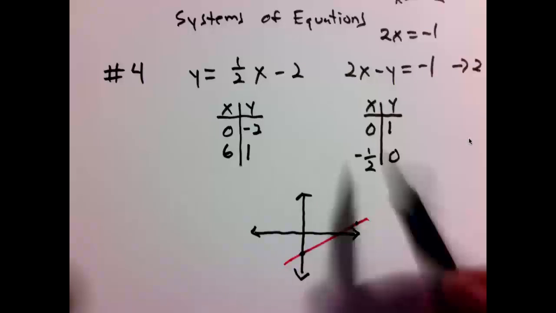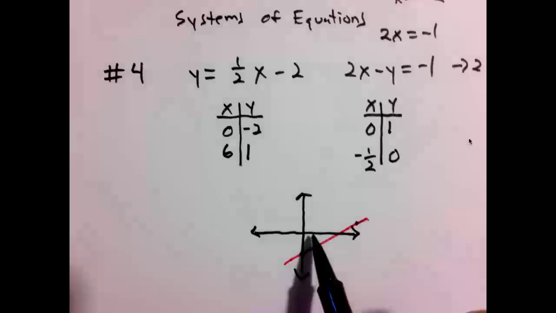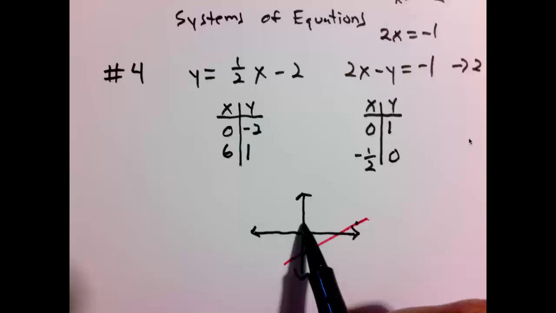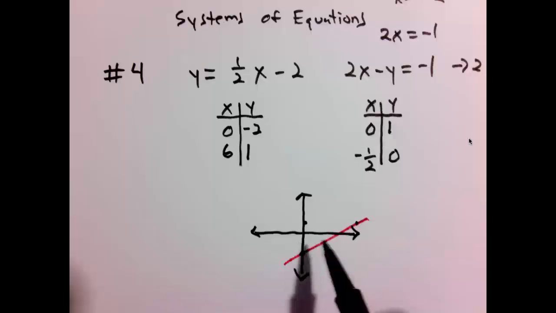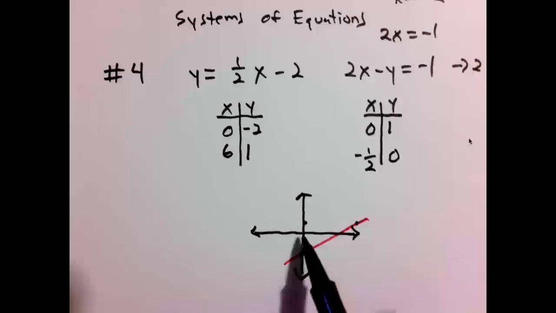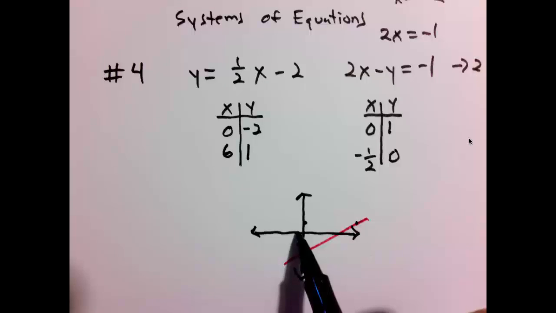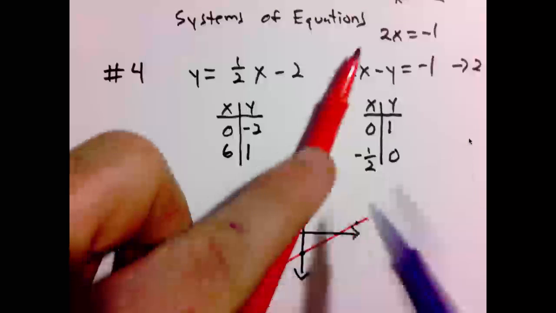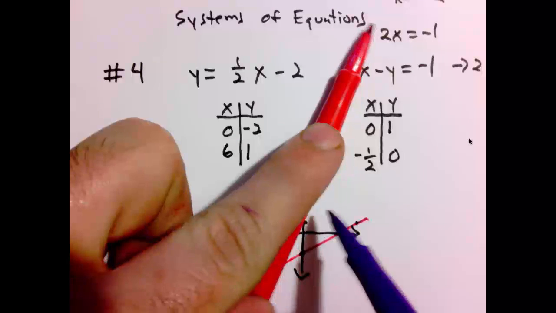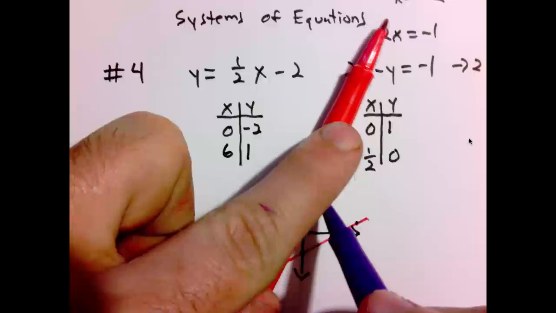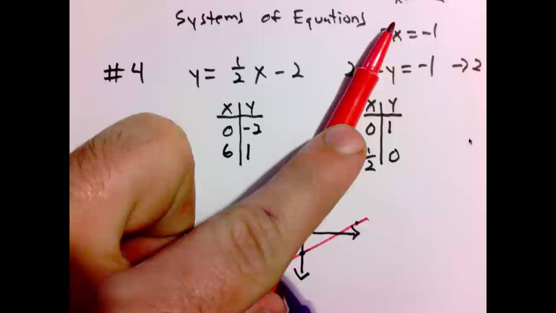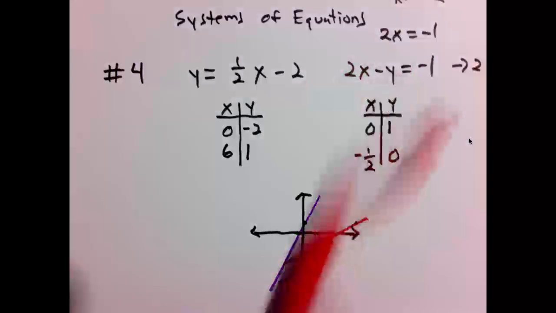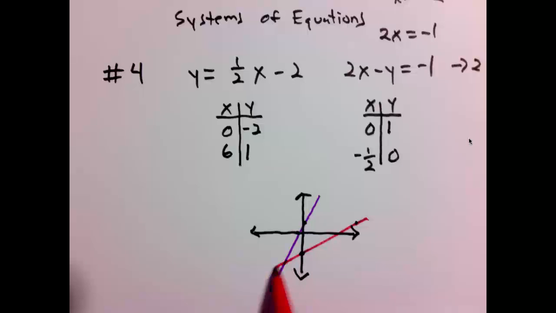Now we have 0, 1. 0, 1 would be here. -1/2, 0. -1/2, 0 would be here. Extending a line through these two, we see that we get this point of intersection.